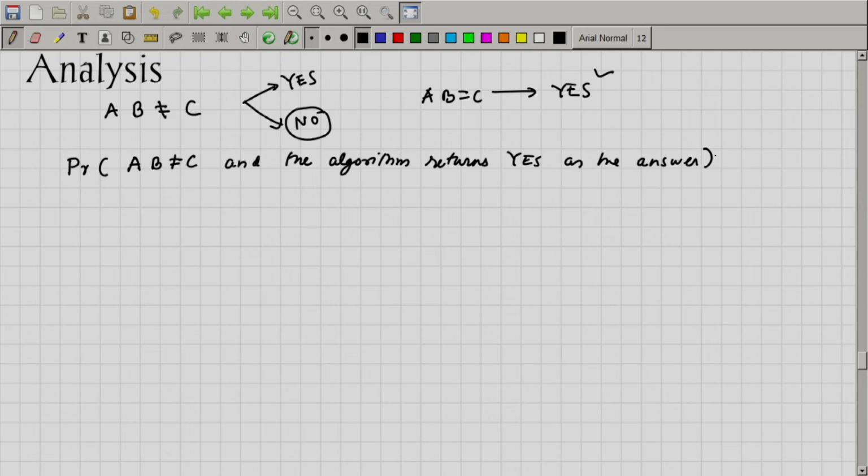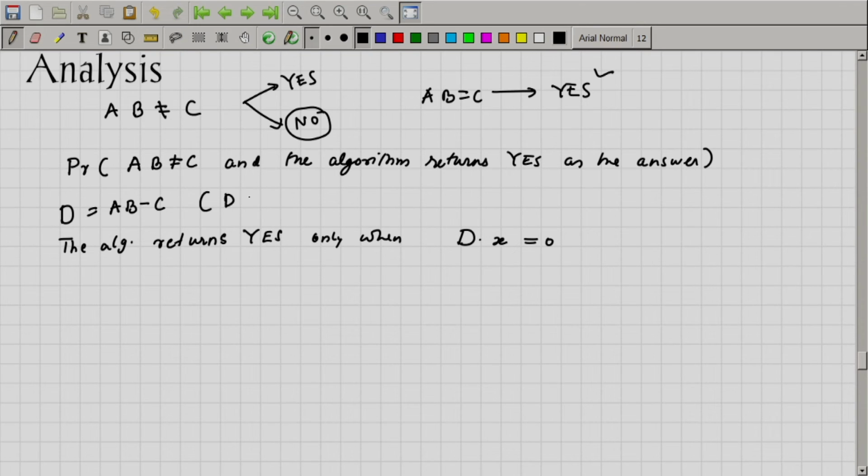So, when does this happen? Since AB is not equal to C, we can look at the matrix AB minus C. Let us call this the matrix D. Okay. So, the algorithm returns yes only when this D times X is equal to 0.